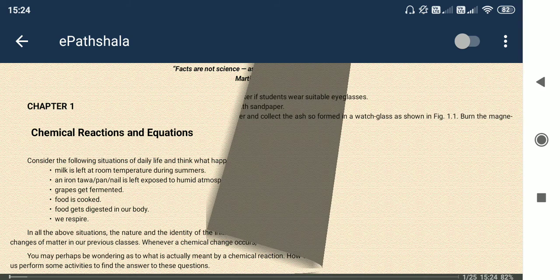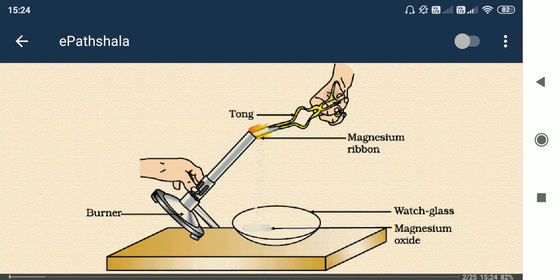So see the first example. What we do here, a magnesium ribbon is taken and it is heated by a burner. The burner is giving the heat and making a flame. Oxygen is there in the air, so this oxygen is reacting with the magnesium ribbon and forming magnesium oxide.